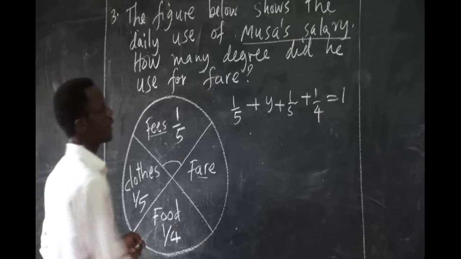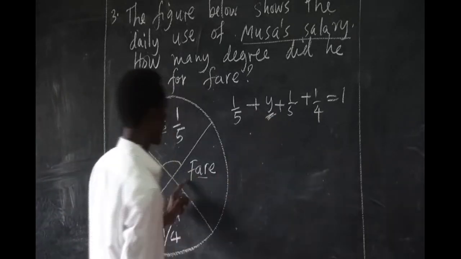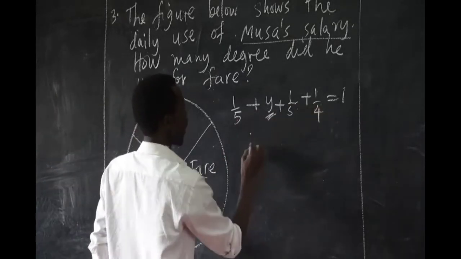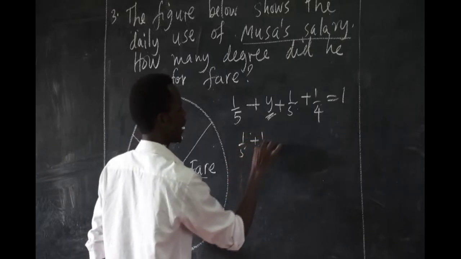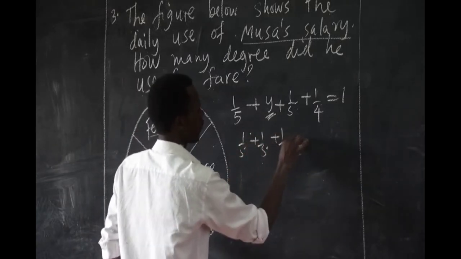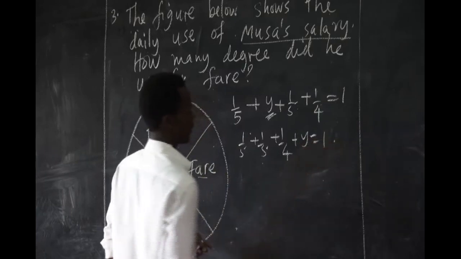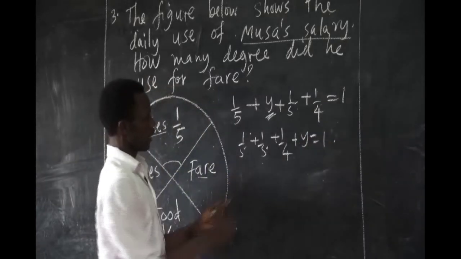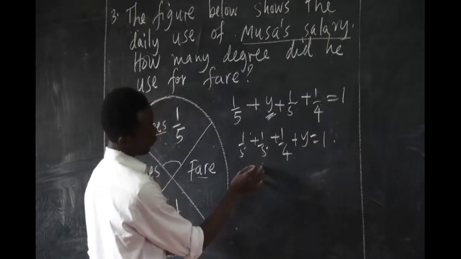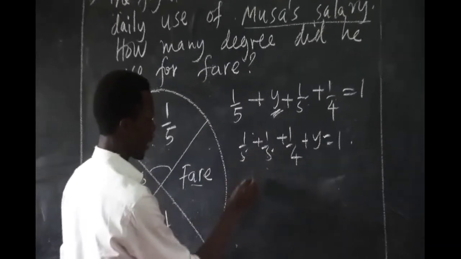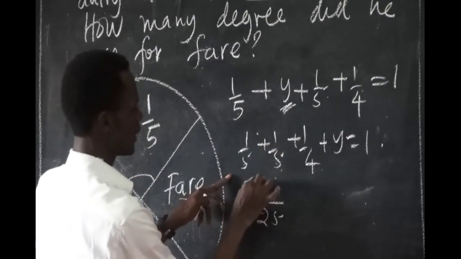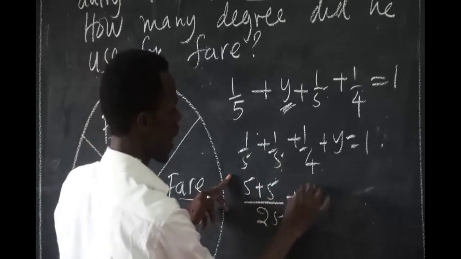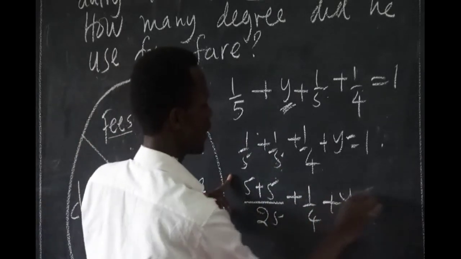Now, let us find out the fraction for the fare. Now, when we collect this, we find it is 1 over 5 plus 1 over 5 plus 1 over 4 plus y is equal to 1. Now collecting the like terms, from here we say it is 25. Now it is 5 plus 5 plus 1 over 4 plus y is equal to 1.